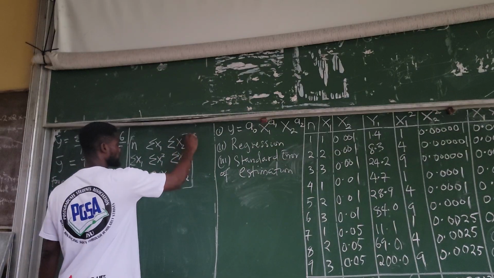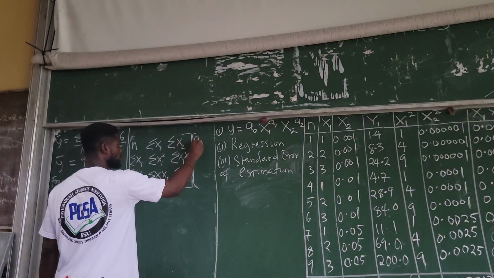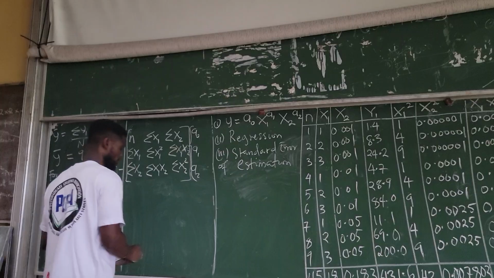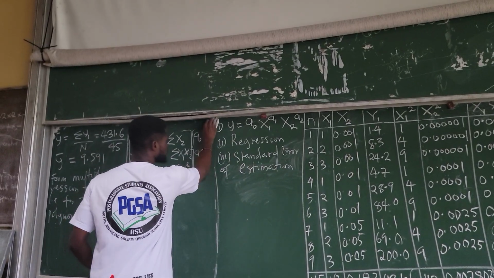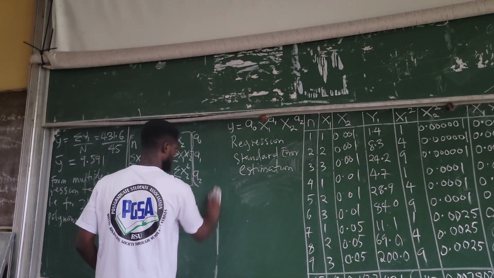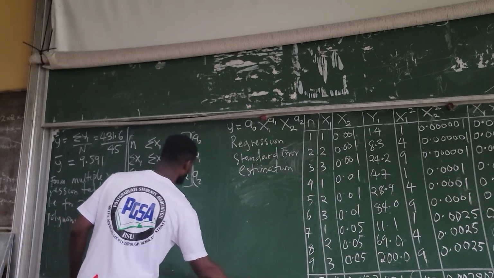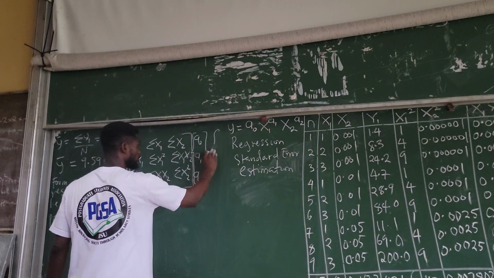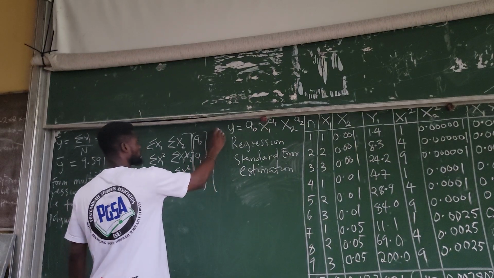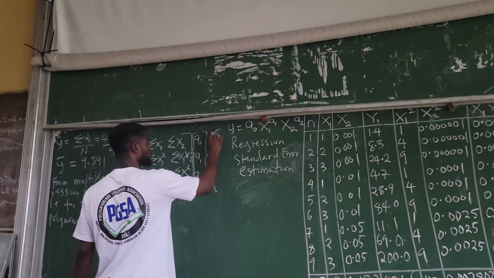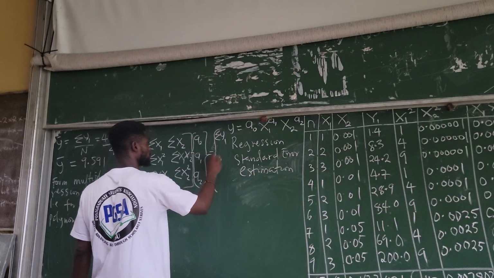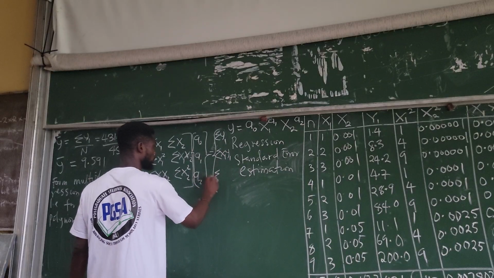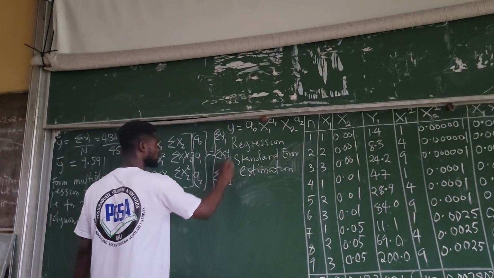So we have a0, a1, and a2. Please permit me to clean this part, though I will not clean all of this because of the question. So it's equal to, now we have summation of y1, summation of x1 y1, and summation of x2 y2.